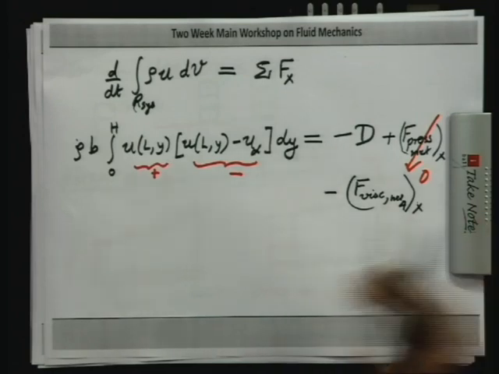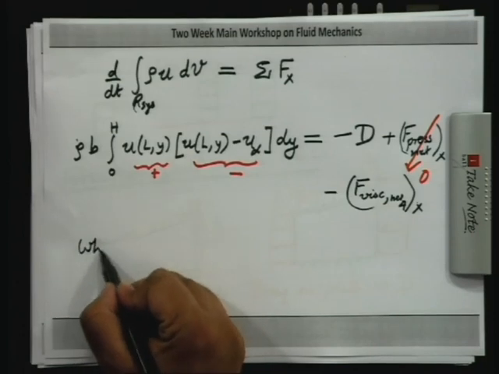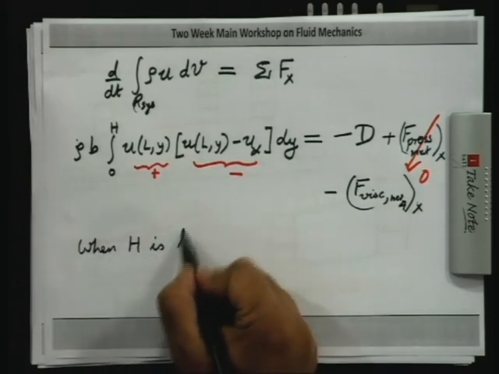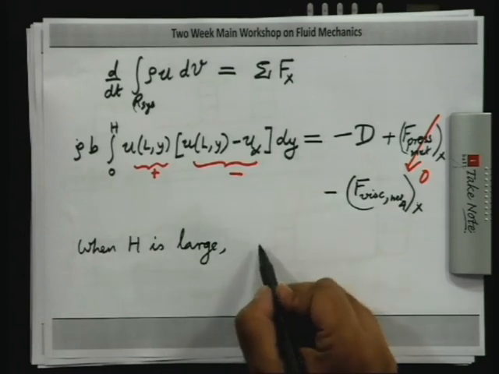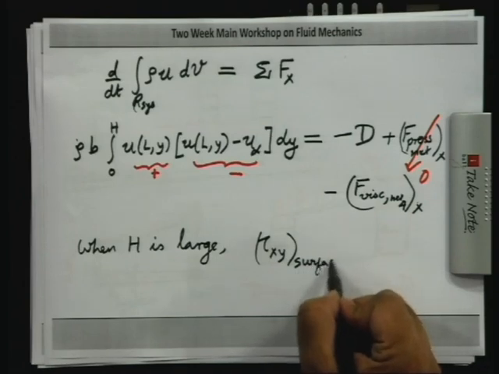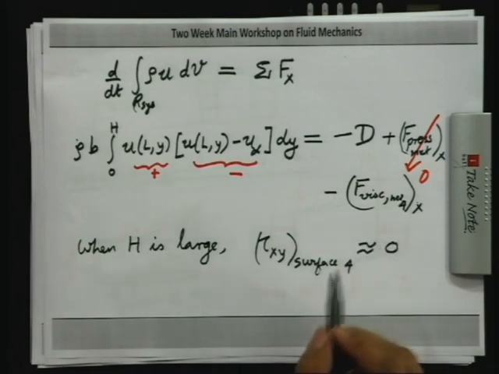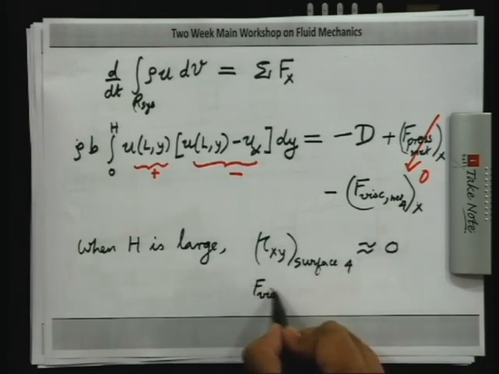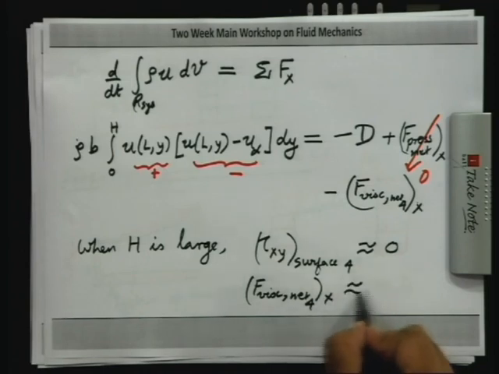Now, what we will do is we will take the limit when h is very large. So, when h is large, the shear stress tau xy on surface 4 will be 0. So, F viscous net, the net viscous force on the surface 4 x component, will be 0.